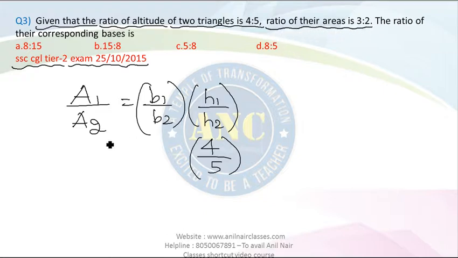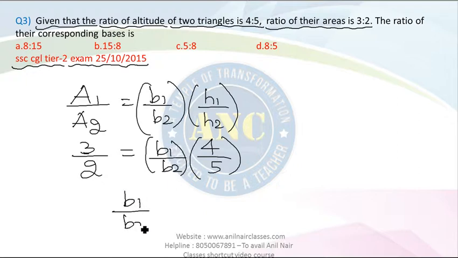Ratio of their areas is 3:2. This second statement says area ratio is 3:2. Find the ratio of their corresponding bases. Exactly similar to your previous question. So B1 divided by B2 is nothing but 5 into 3 is 15, divided by 4 into 2 is 8. Answer for this question is 15:8, which is nothing but option B.